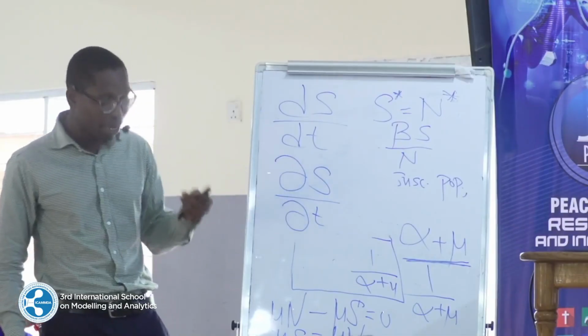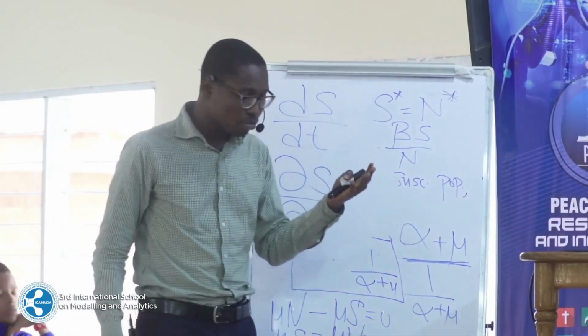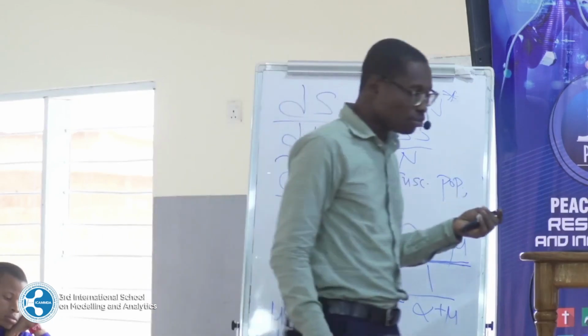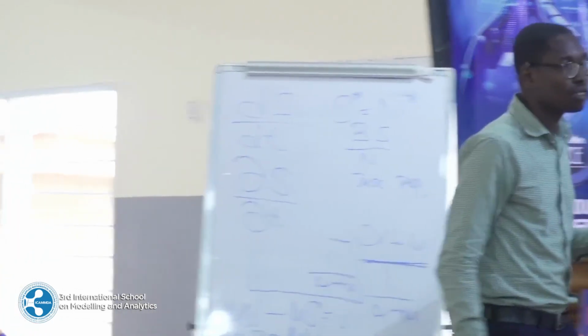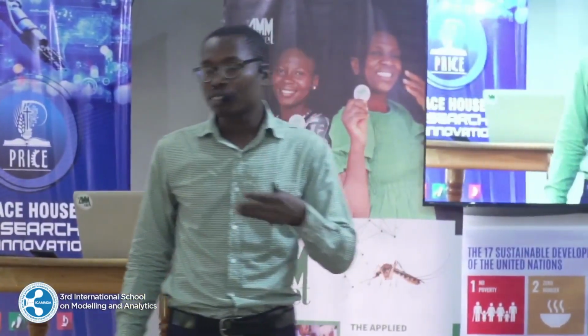You can think of partial derivatives like baking a cake. If you are baking a cake, the taste of the cake is a function of several variables, is it not? It's a function of what? Can we mention some of those ingredients? It's a function of sugar.